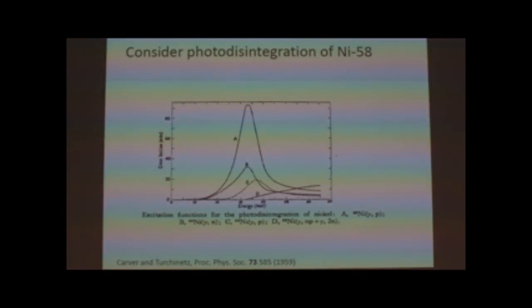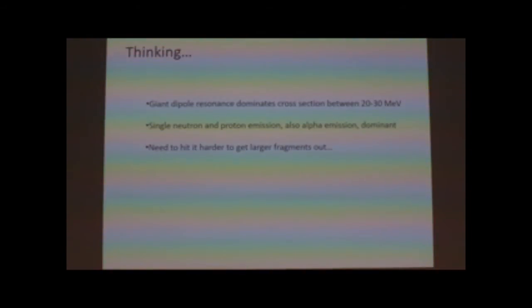So now we can see some disintegration. This is photodisintegration. Electron disintegration works very similarly. So I'm thinking giant dipole resonance dominates cross sections at 20-30 MeV, which is the source of my comment to Pam of what this response, the 10 to 15 MeV alphas, the fast neutrons, fast protons, I think is a result of the existence of the giant dipole resonance.